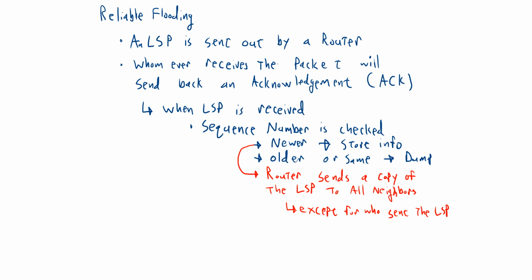So in this way, we can get a form of reliable flooding if I was to look at a network like this. Say A was to send out link state packets, they would go like this. This would prompt both C and D to send an update.